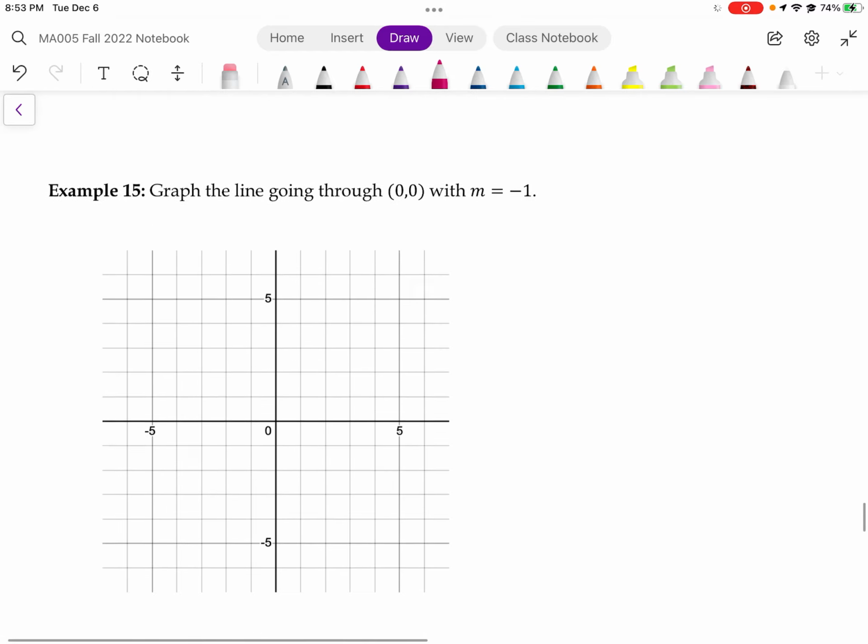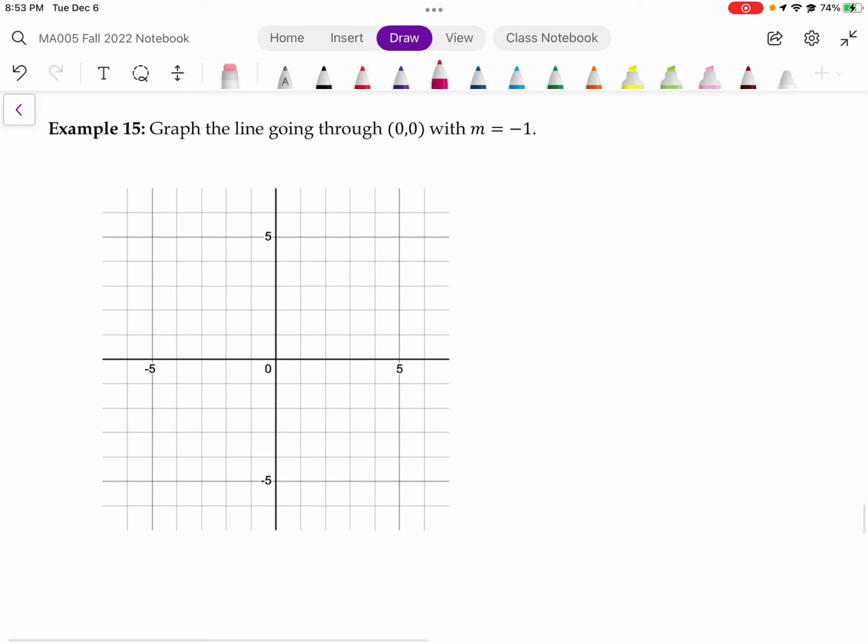All right, graph the line going through 0, 0 with a slope of -1. All right, so here's 0, 0. Slope of -1 means -1 over 1, or it could mean 1 over -1, either one. So this is a change in y. Let's do the first one. So starting, I'll do that in blue.